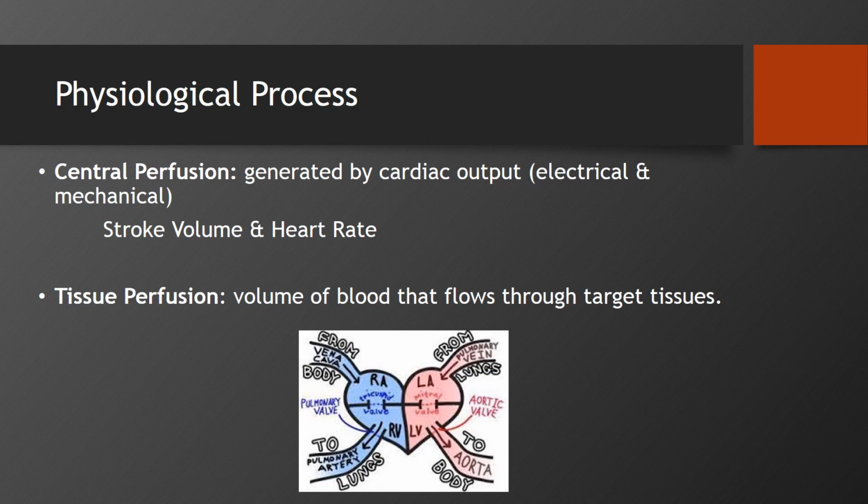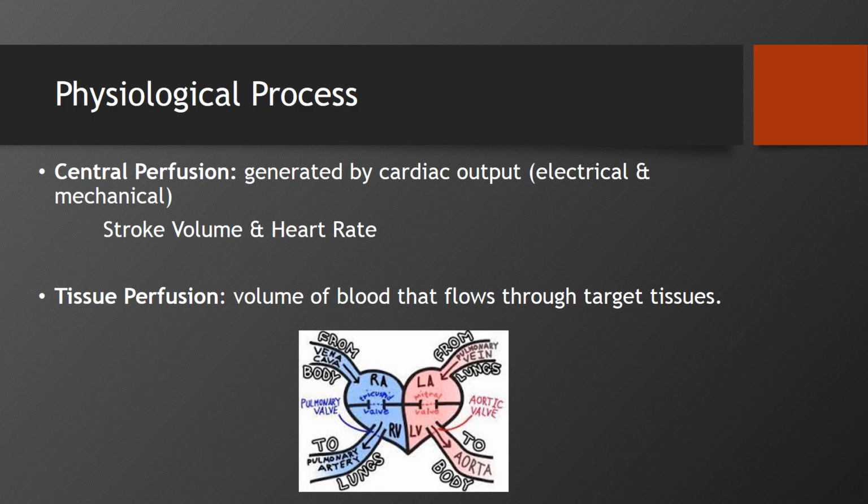We talk about cardiac output a lot, and that is basically the amount of blood that's pumped out by your ventricle into the pulmonary circulation and systemic circulation with each heartbeat within 1 minute. The way that we determine your cardiac output is stroke volume and heart rate.